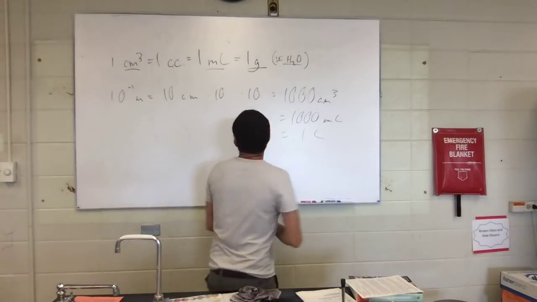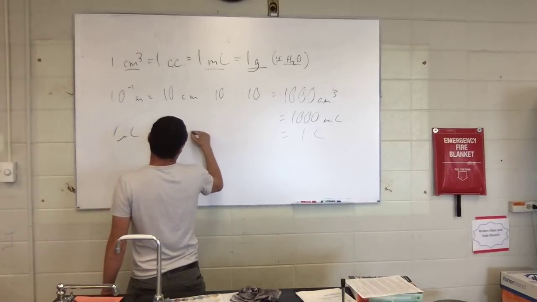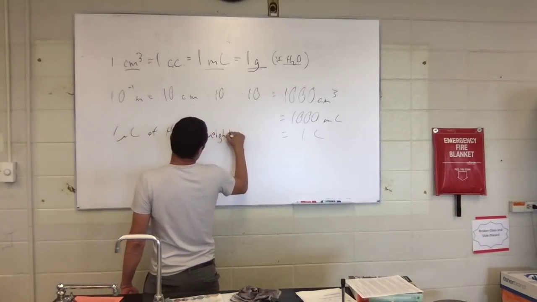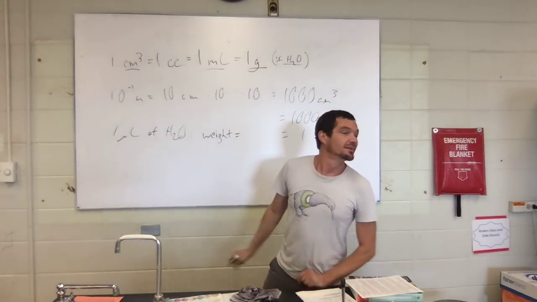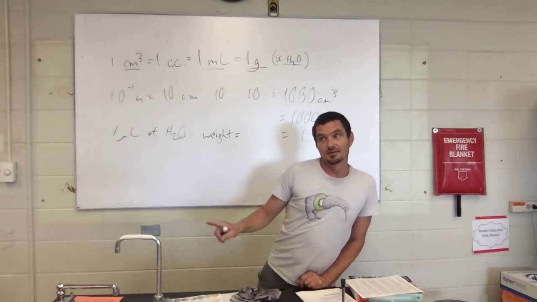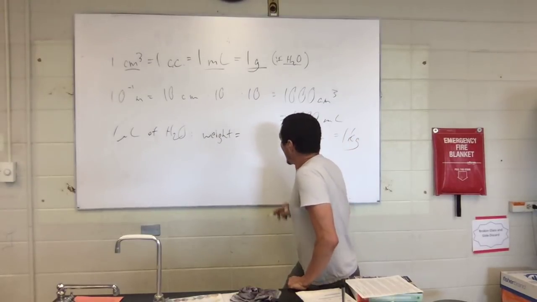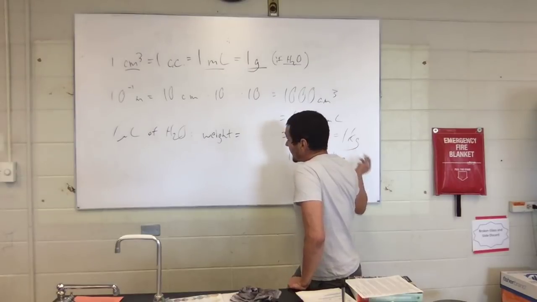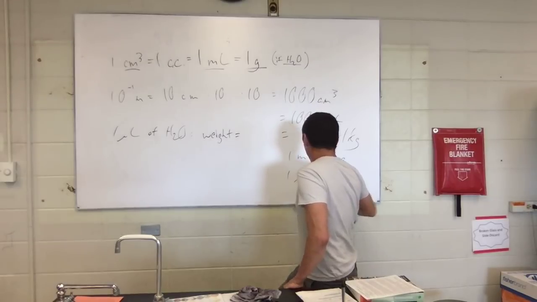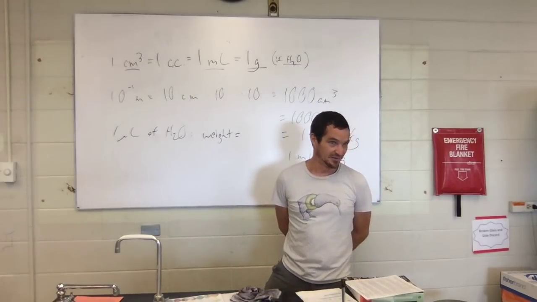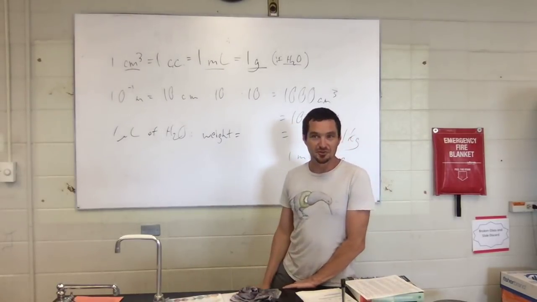If we're working backwards, with 1 microliter of H2O, the weight equals... how much does a liter weigh? 1,000 grams per kilo. 1 liter equals 1 kilogram, so 1 milliliter equals 1 gram, and 1 microliter equals 1 microgram. One way to figure that out is by using ratios, fractions I guess.